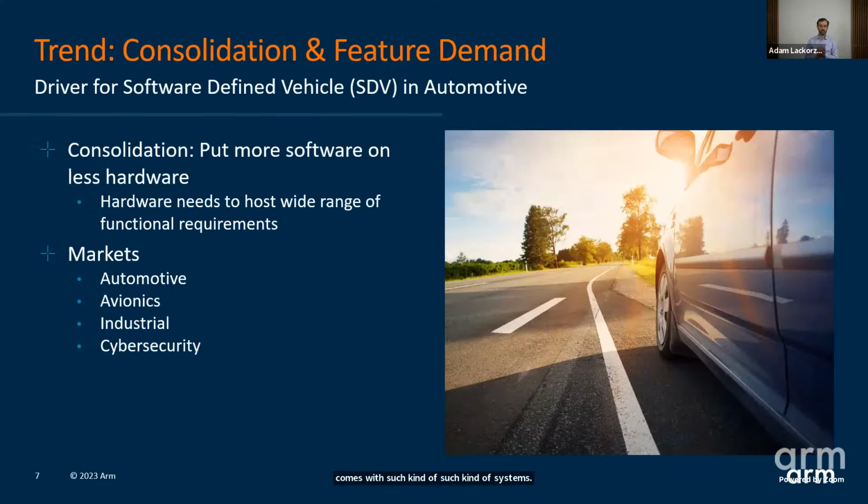Everyone is talking about the software-defined vehicle and automotive, and what does it actually mean from our perspective of the consolidation part that is coming with that. Software is more and more defining what a car is providing as a value to the customer.